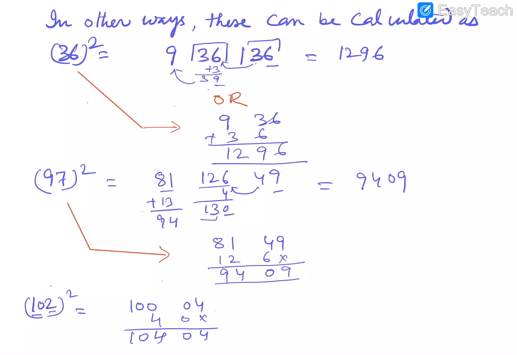Then square of 2 will be written as 04 because this is a single digit number, so we will make it a 2-digit number as 04, and write 2ab, that is 2 into 10 into 2, that is 40 here, leaving this ones place digit as written here, and find the total. It is 10404. In this way 10,404 is the square of 102.